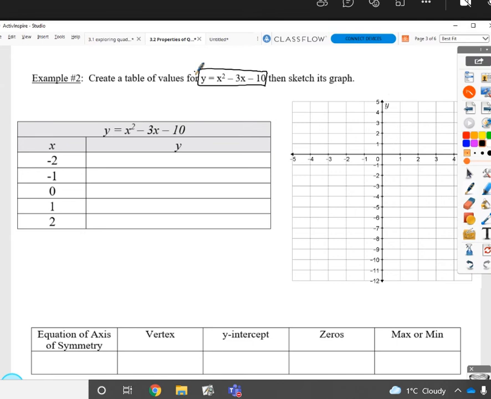In this quadratic, we're going to have to replace the x value with the x values that we have chosen over here. Like I said, usually -3 to +3. Here we're doing -2 to +2. If I were to ever ask you, I would tell you, hey, do -3 to +3.